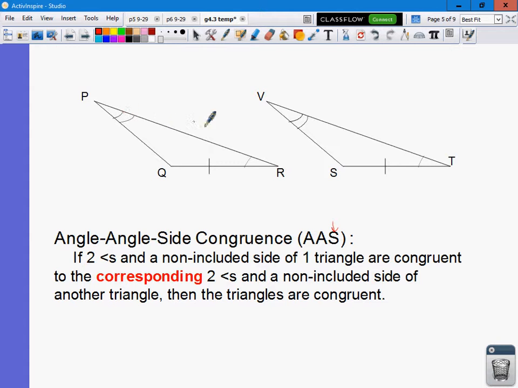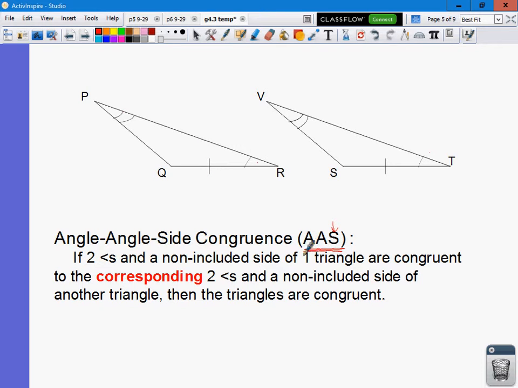Notice I go from P to R to the side. I go from V to T to the side. 2 marks to 1 mark on an angle, 2 marks to 1 mark on an angle, that 1 mark on the side. So I have two angles and a non-included side.